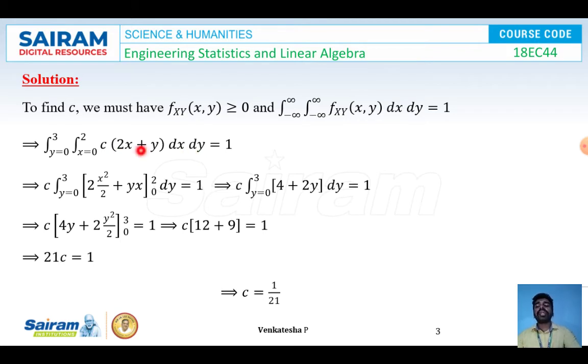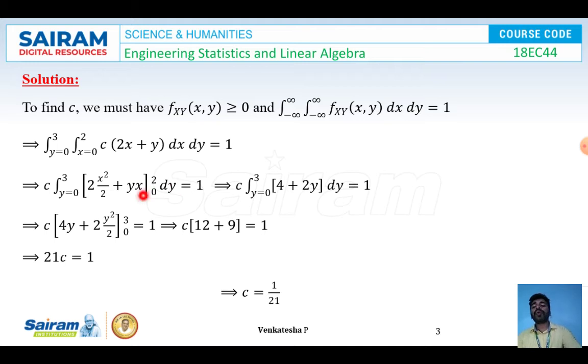Now integrating this function with respect to x, taking the constant c outside, we got c into integration y from 0 to 3. Keeping 2 as it is, x will become x square by 2, plus y into x, as the constant will become the constant into x, between the limit 0 to 2 into dy is equal to 1.